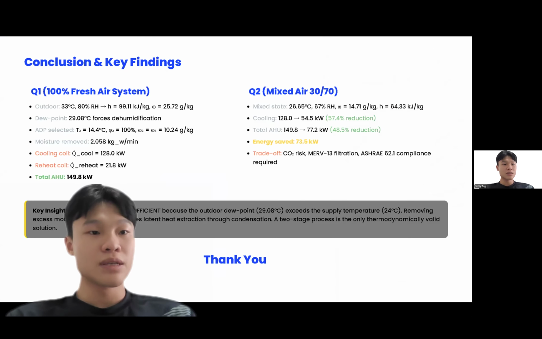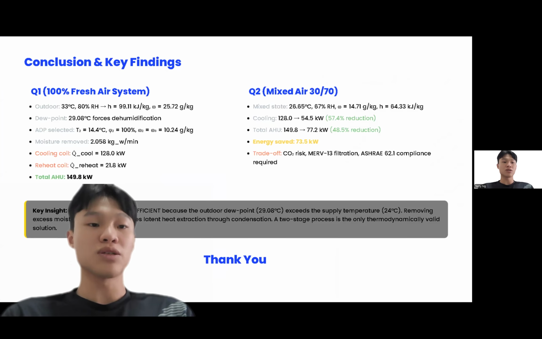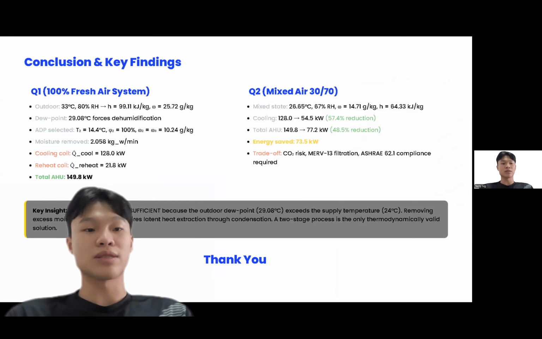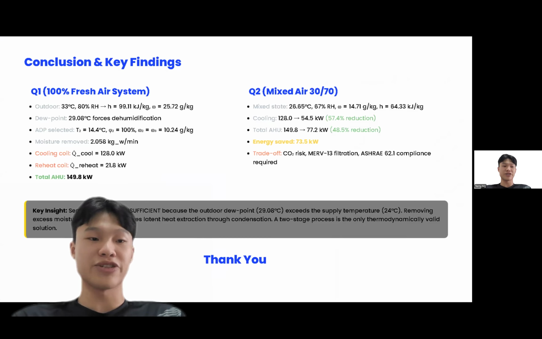To conclude, in question 1, the 100% fresh air system requires a total AHU load of 149.8 kilowatts: 128 kilowatts of cooling and 21.8 kilowatts of reheat, removing 2.058 kilograms of moisture per minute. The key driver was the outdoor dew point of 29.08 degrees, forcing dehumidification.